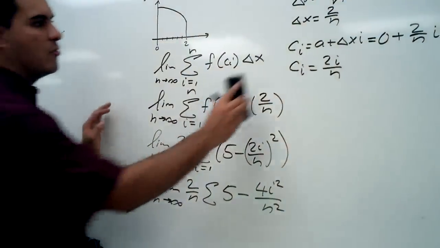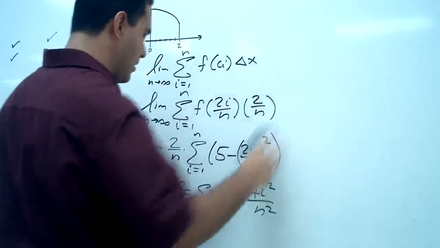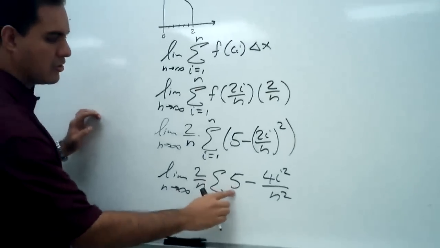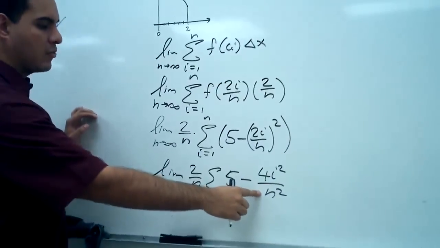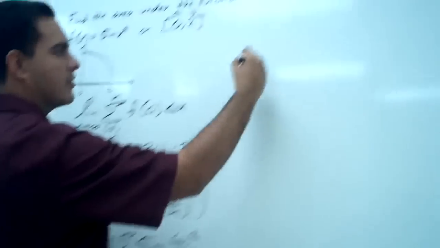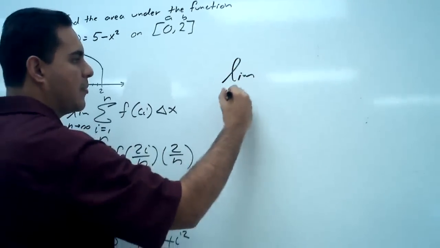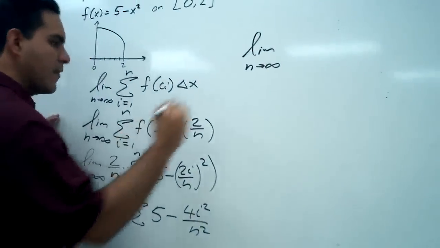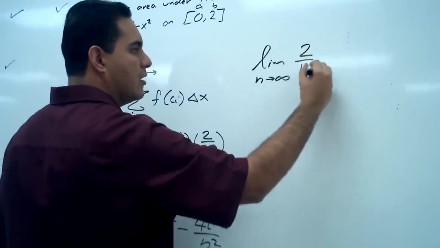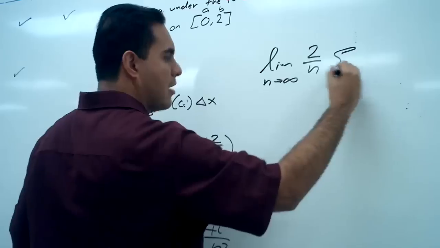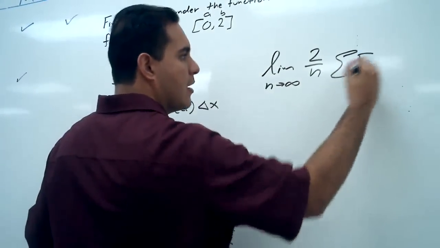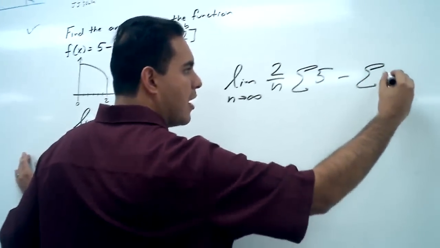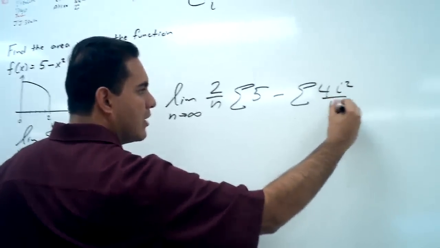Now, we're going to continue on and distribute the summation to the 5 and to the 4i squared over n squared. That looks like this. Limit as n approaches infinity of 2 over n times the summation of 5 minus the summation of 4i squared over n squared.